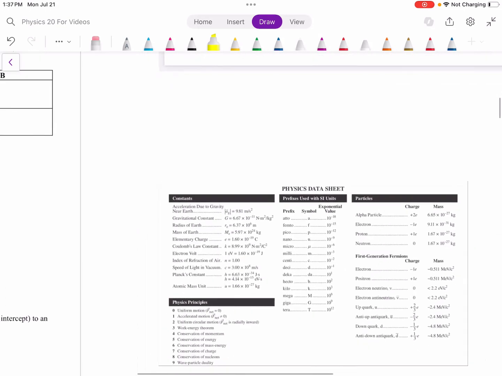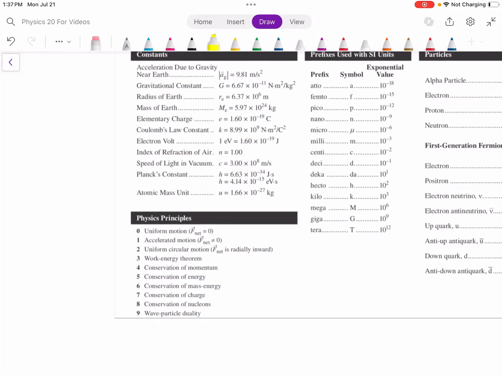Side note here as well, if you're keeping track of those physics principles on the back of your formula sheet, remember these are really just here so that ultimately we can ask you on a question which physics principle did you use? What knowledge were you applying? It helps us get a look at how your brain's really applying your knowledge. Okay, you'll see we're now dealing with physics principle number 1 here, accelerated motion.